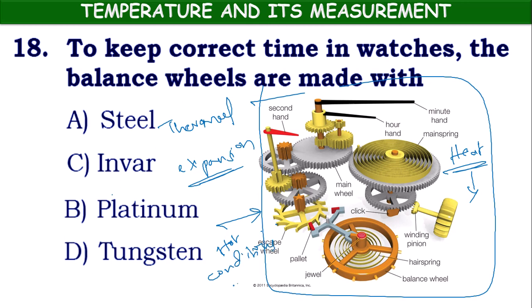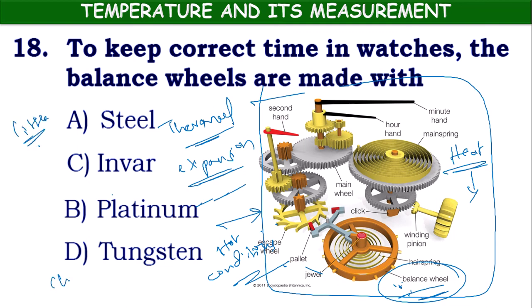If the climate is very hot, the wristwatch also will become somewhat hot. But during those hot conditions, with what kind of material should we make the balance wheel, so that thermal expansion will be very little? Then there will be no change in time. If there is no expansion in the balance wheel, there will be no change in the time.